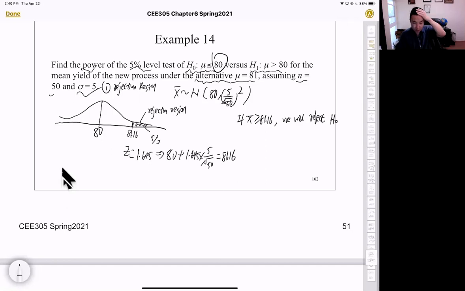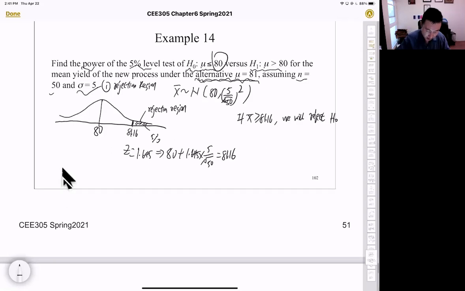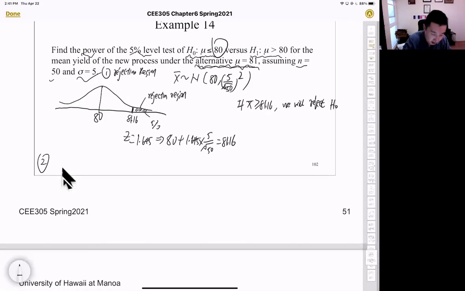Then the next step is to find the power. To find the power, we need the alternative hypothesis and the alternative distribution. The alternative mu is 81. So let's do the next step and find the power.